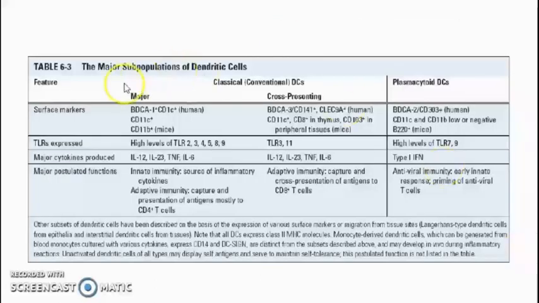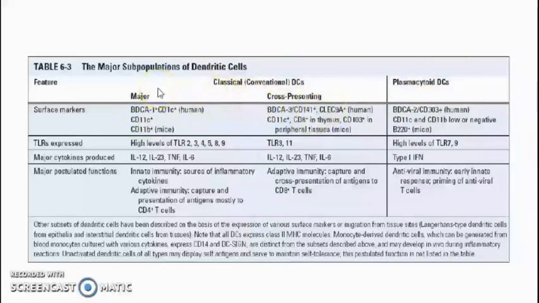The major subpopulations of dendritic cells are classical or conventional dendritic cells and plasmacytoid dendritic cells. Classical dendritic cells are divided into major and cross-presenting classical dendritic cells.